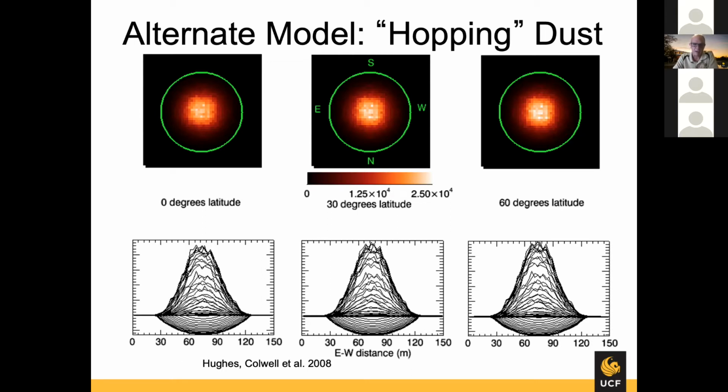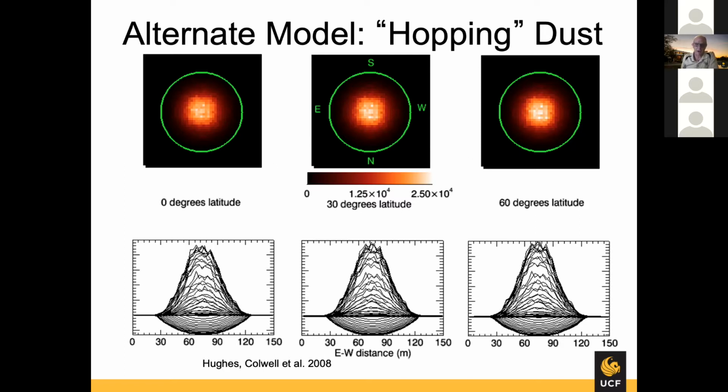And a crater is like a trap. It's a physical trap for the dust particles. And so we simulated dust hopping and you get a net transport of dust into a topographic low, such as a crater. It doesn't require any special balance or anything like that.